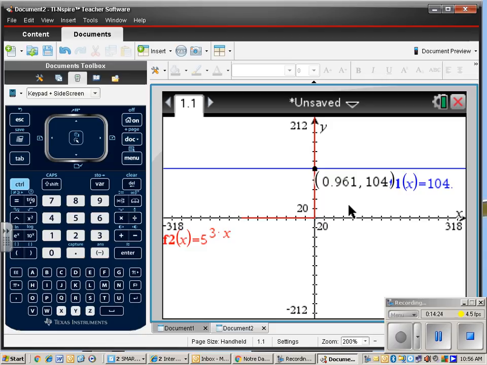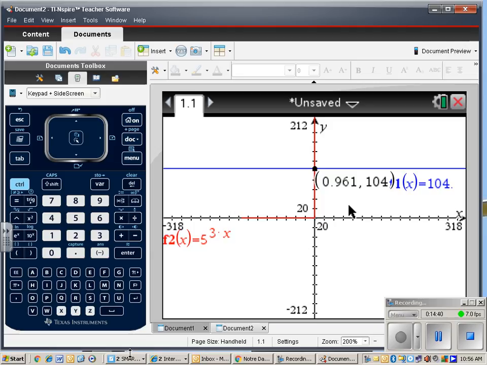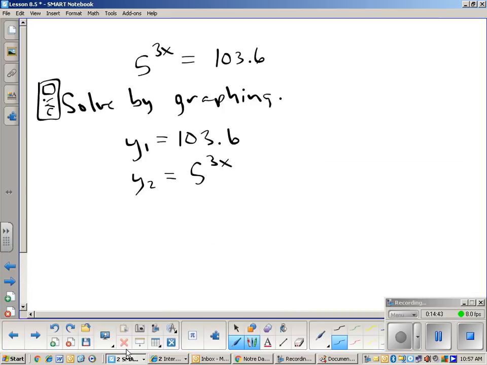It gives me the intersection automatically, which is 0.961, 103.6. So 0.961 is my solution. x is equal to 0.961.